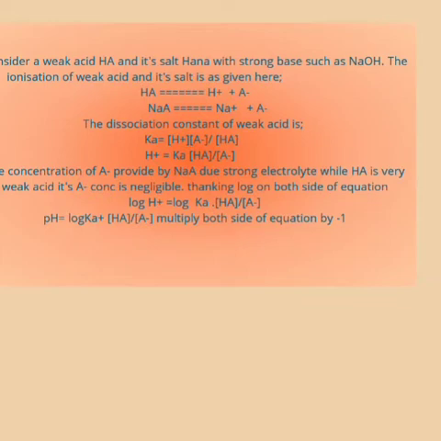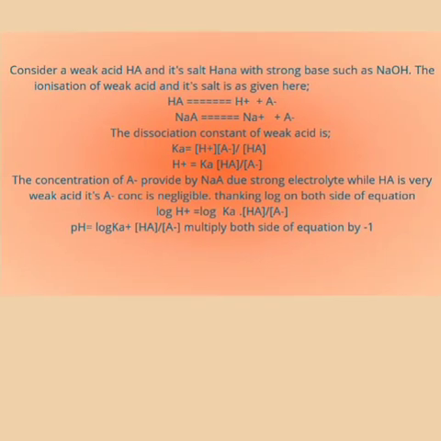The ionization of the weak acid and the strong sodium salt is given here. Acid ionizes into hydrogen ion and A negative ion. Similarly, strong electrolyte sodium salt NaA ionizes into sodium ion and A negative ion.